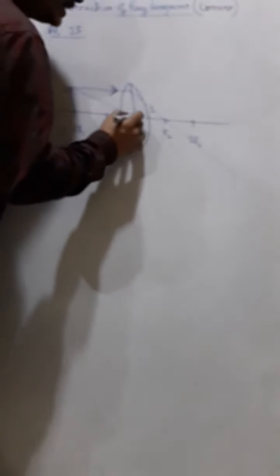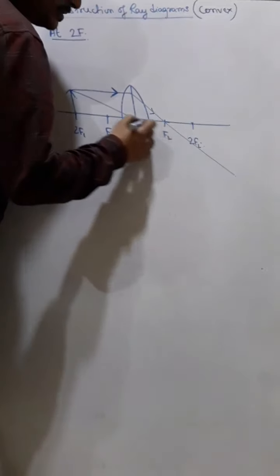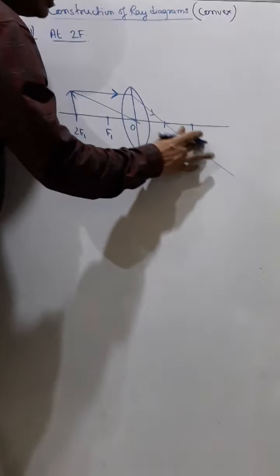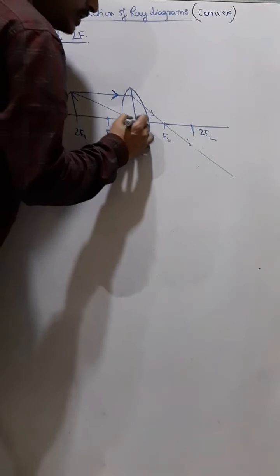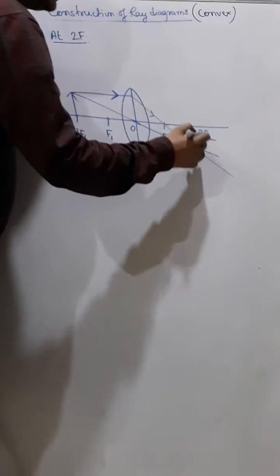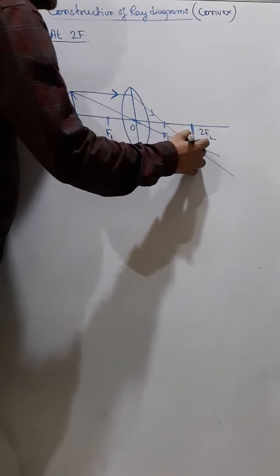The next ray is the one passing through the optical center, and it will cut here, and I told you that the image will be at 2f. So object at 2f, image at 2f. Understand? So you'll get a same size image.